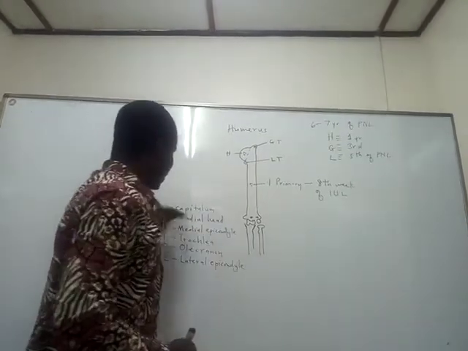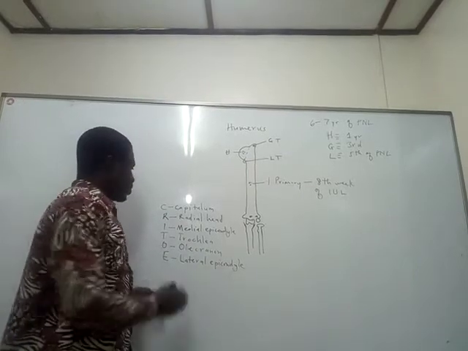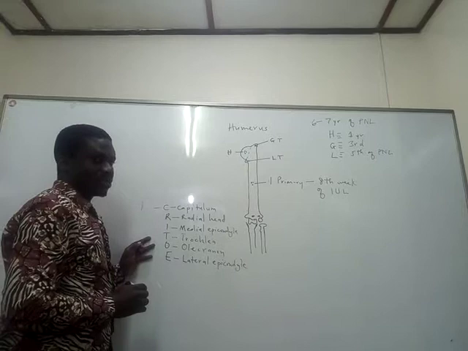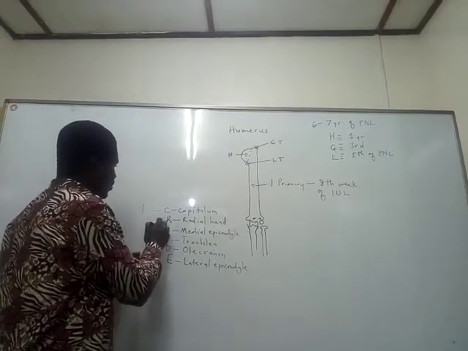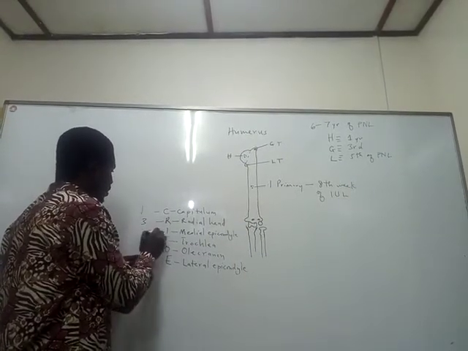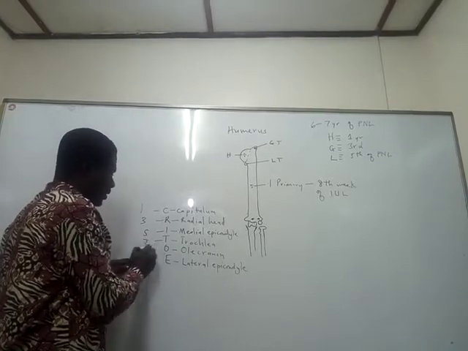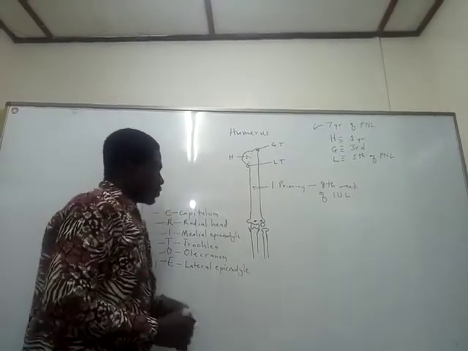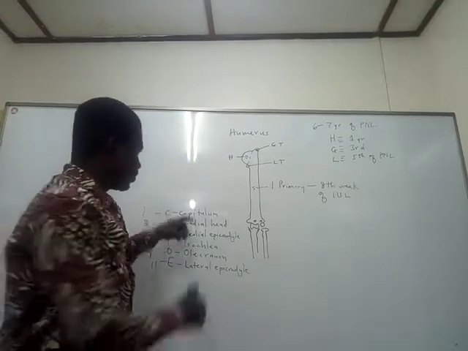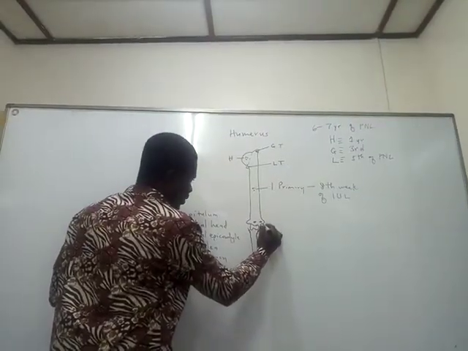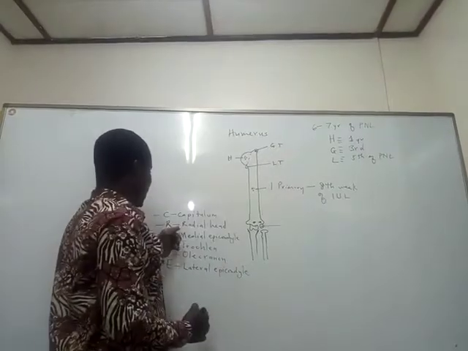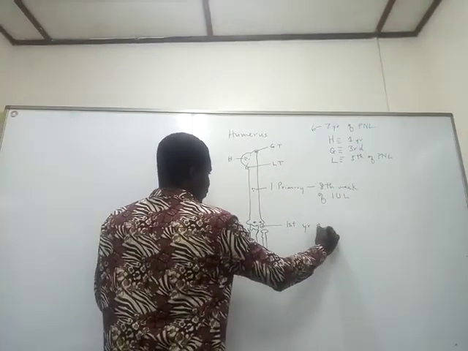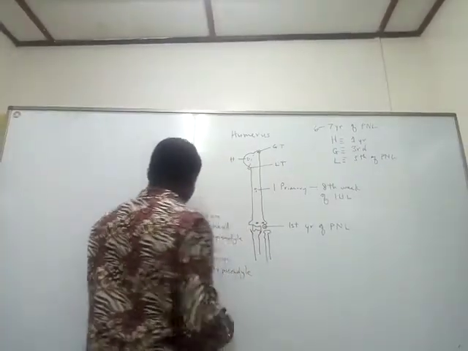Now, for these centers, it's just a matter of a game of odd numbers. Capitulum appears during the 1st year of postnatal life, radial head 3rd year, so 5th, 7th, 9th, and 11th years respectively. So we have capitulum, there's 1 ossification center in the capitulum, and that one appears around the 1st year of postnatal life.